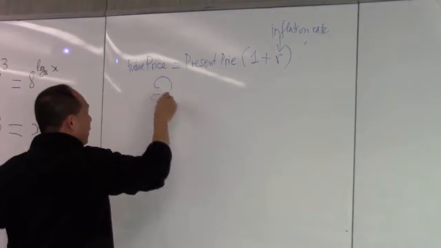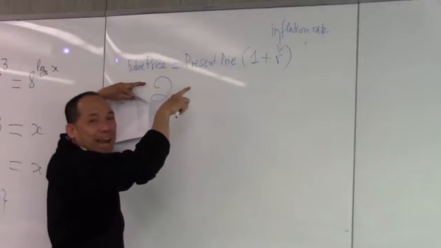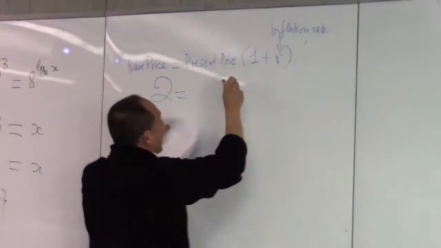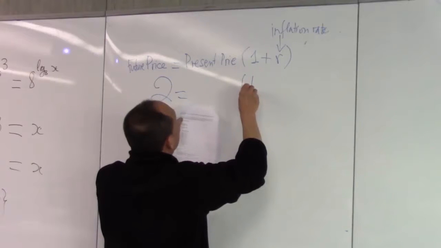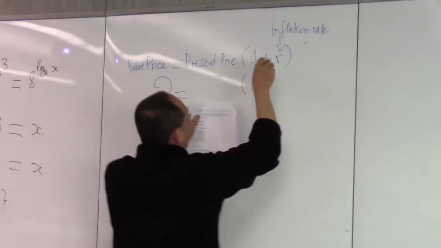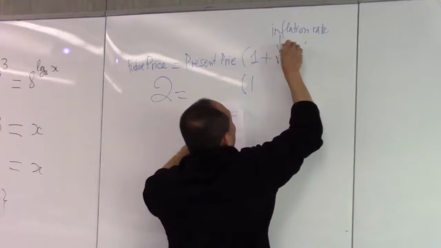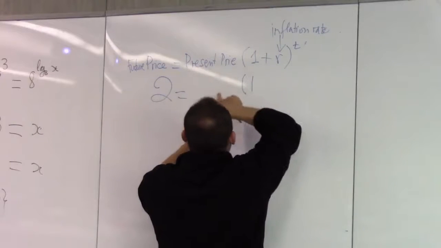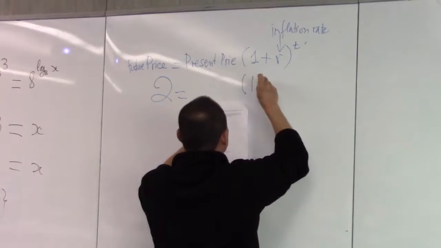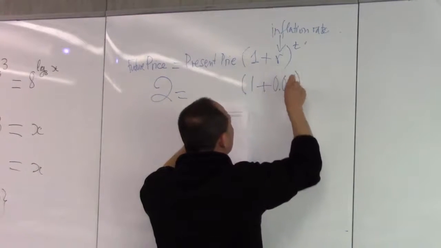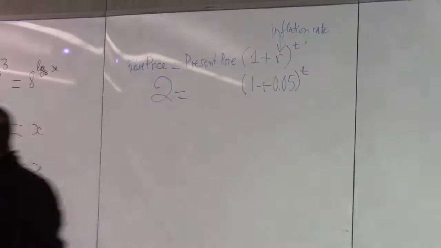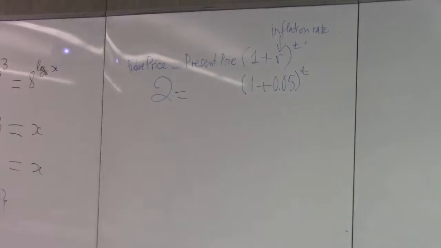This means that now you have 2 times, because double is 2 times. And they said this is 1 plus 5%, to the time t. How long? You need to use this formula.